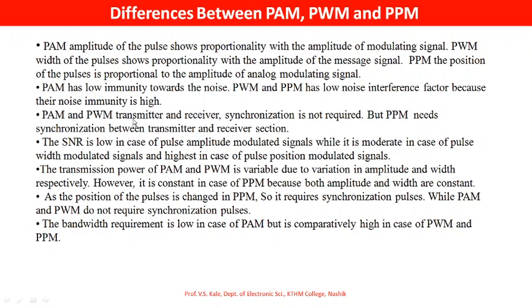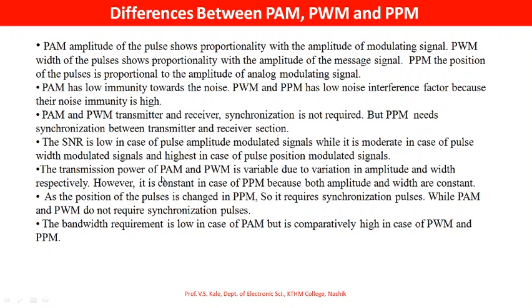PAM and PWM transmitter and receiver synchronization is not required, but PPM needs synchronization between transmitter and receiver section. The signal to noise ratio is low in case of pulse amplitude modulated signal, while it is moderate in case of pulse width modulated signals, and highest in case of pulse position modulated signal.